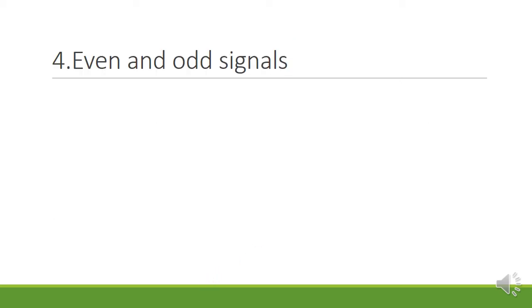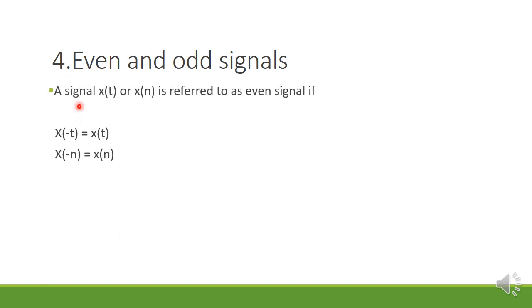Next are the even and odd signals. These are the same as the even and odd functions you studied in mathematics. We mainly have two types of signals: x of t is a continuous time signal and x of n is a discrete time signal.